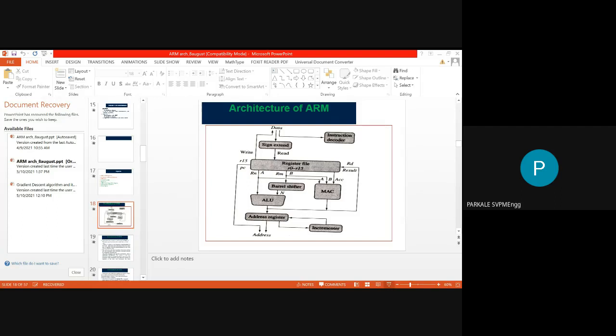Here this is an instruction only. Or if I write something like this, move a comma hash ff, now this is called the data.